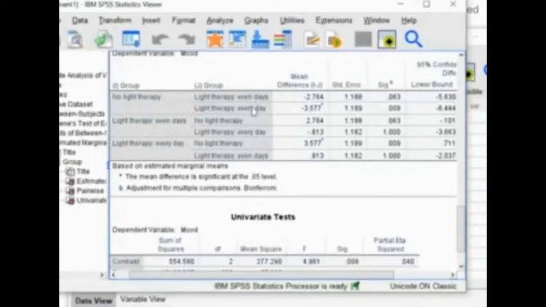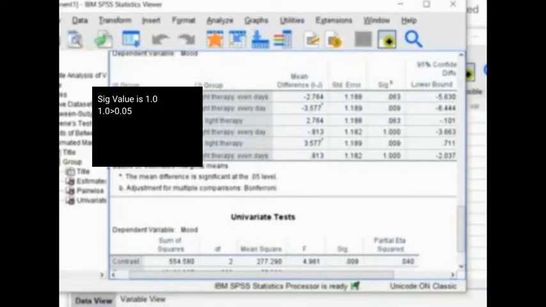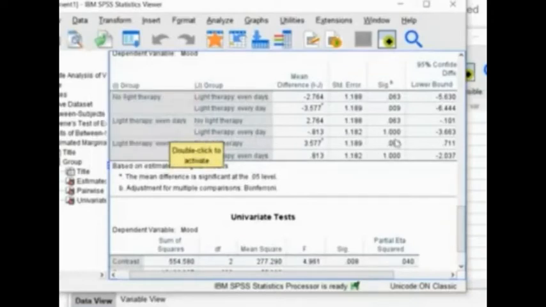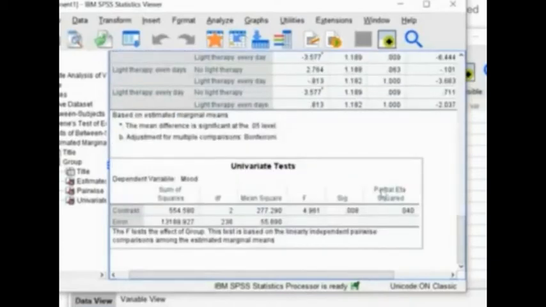The only other thing I might want to consider is the light therapy even days compared with the light therapy every day. And if I go over and see the significance factor, it is 1. So that is not below 0.05, of course, and so we accept the null hypothesis and say there was no significant difference.